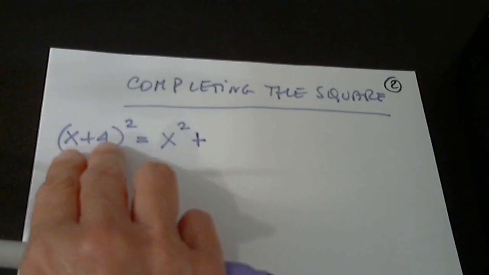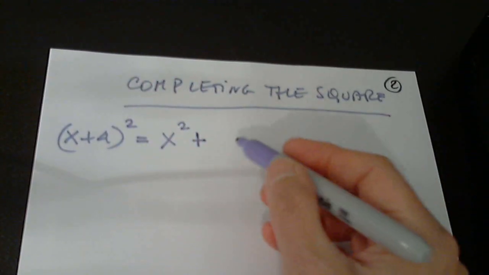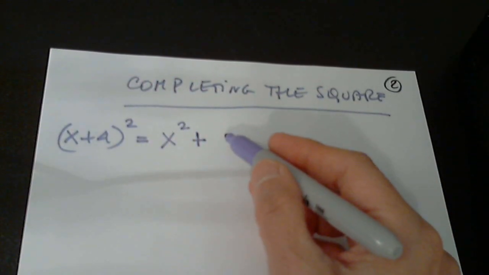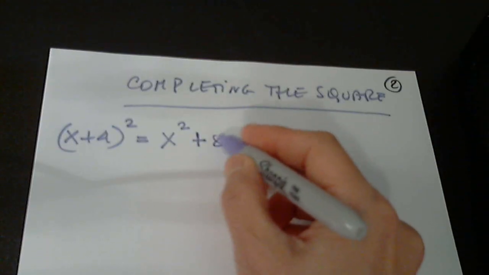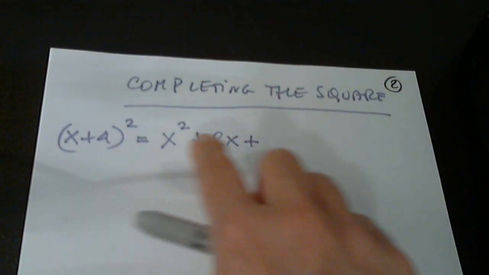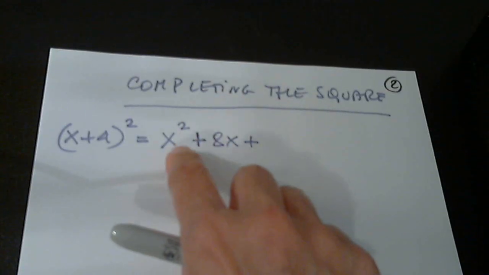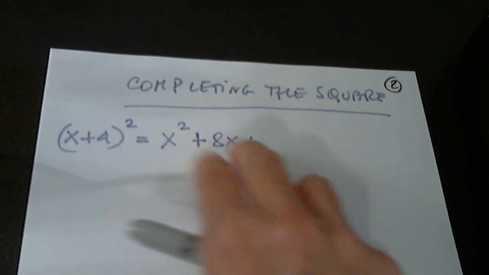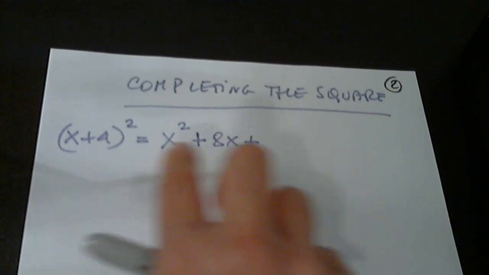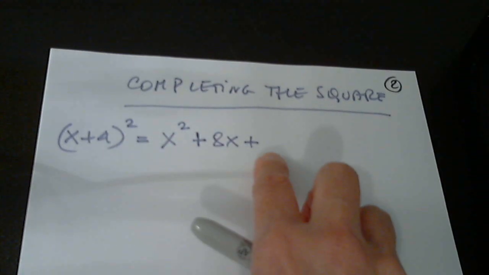Multiply these 2 and then multiply by 2, please. So 8x. Excellent. Plus the second term squared: the first term squared plus 2 times the first times the second plus the second term squared.